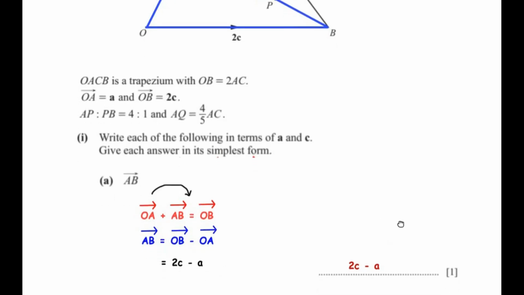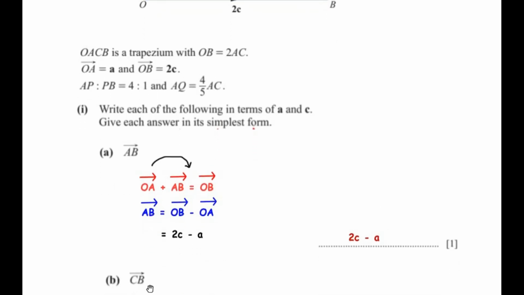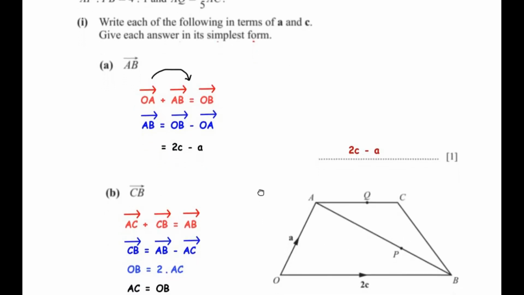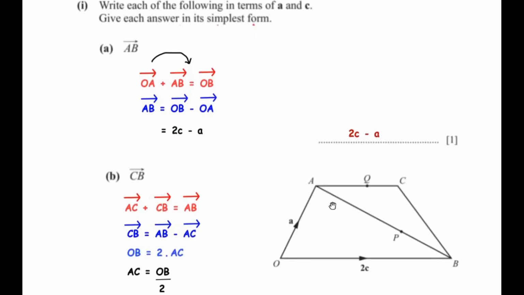Now moving on to the next part, we have to find out the vector CB. So we have reconsidered the same diagram over here for easy reference. Now here, since we need to find out CB, let us consider the triangle ACB. Now in the previous part we had got AB, so let me mark the vector over here, AB, and I'm going to consider the vector AC and CB moving in the same direction.